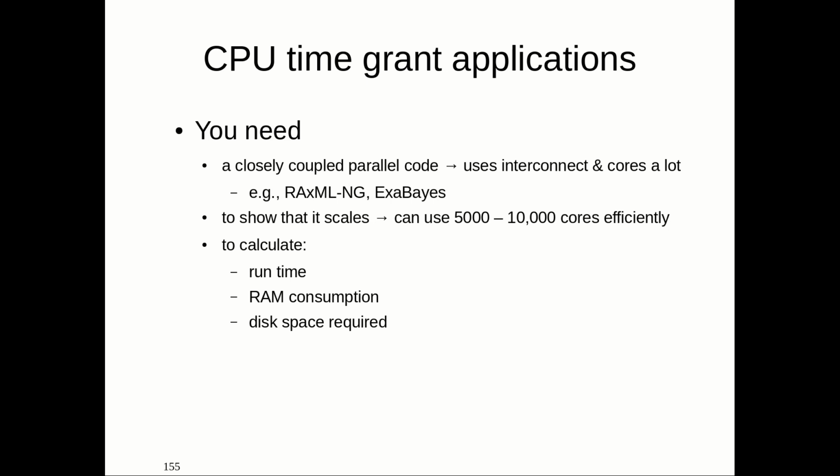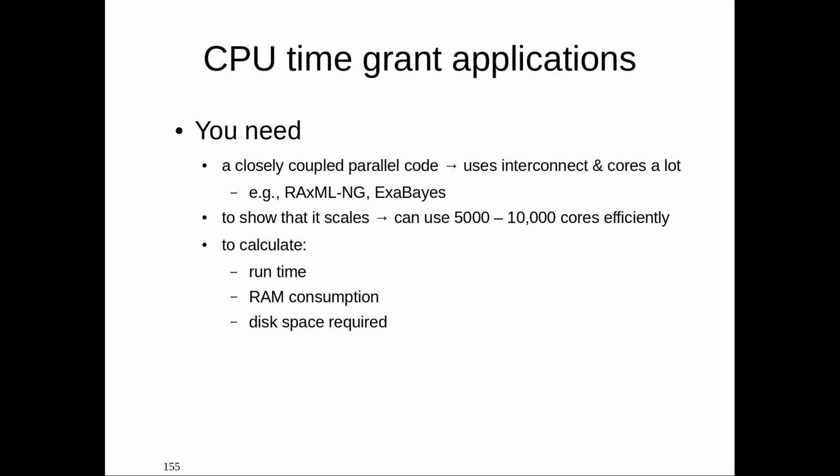So what you need to do in your CPU time grant application is show that your code scales and can use, say, 5,000 or 10,000 cores efficiently. Another thing you need to do is to calculate the overall runtime, like how many million CPU hours you need, the memory consumption, and the disk space required.